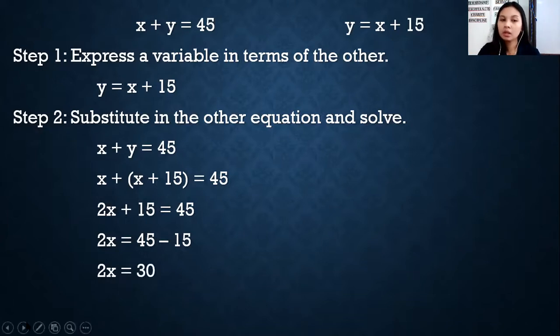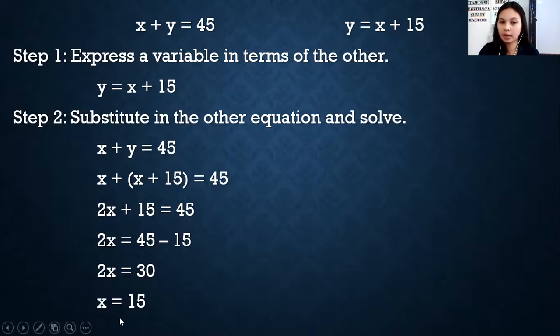Okay? Ngayon, since value ng x ang hinahanap natin, kailangan walang kasamang coefficient yung variable x natin. So, we have to divide both sides by 2 po. Since 2 yung kasama ng ating x. So, it is equals to 15 po. Okay? So, ngayon meron na tayong value ng ating x po.